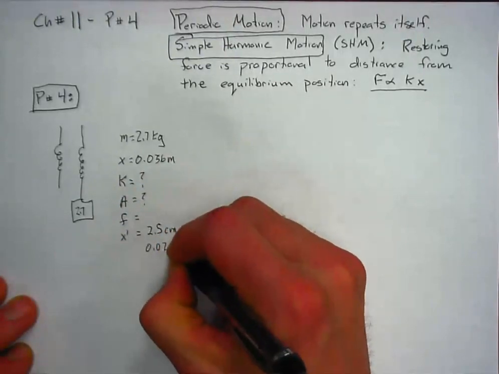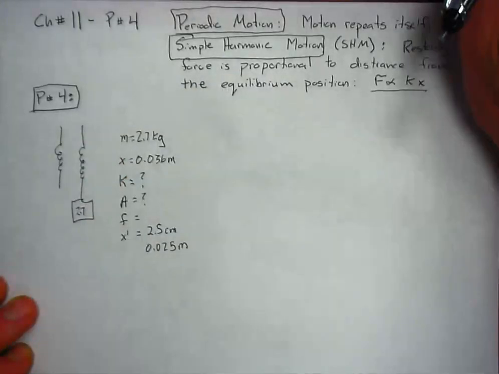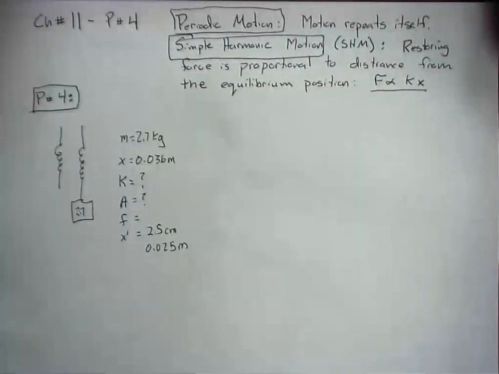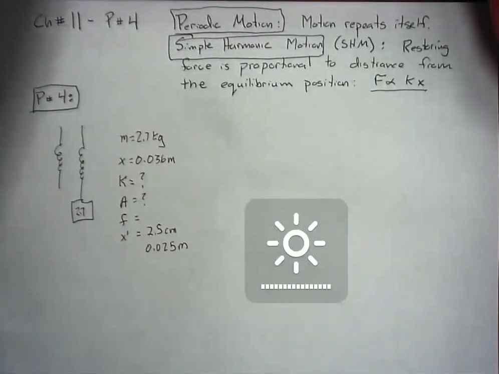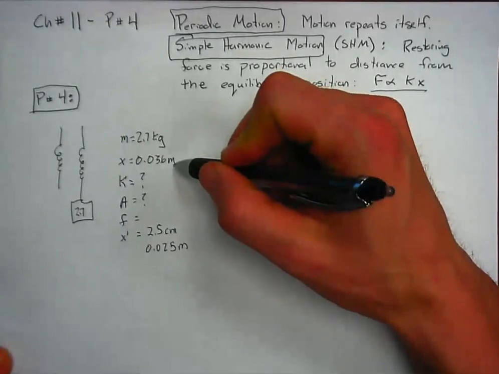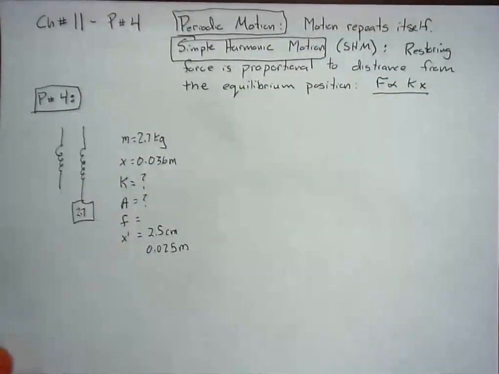All right. So when I put this mass on, it looks like the scale stretched a bit. Okay. And I put the mass on, it stretches 3.6 centimeters, and then I pull it down a little more. So what would be the frequency and amplitude of the motion? What would the motion look like?